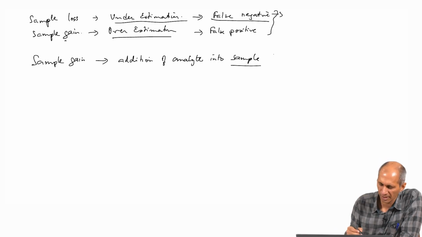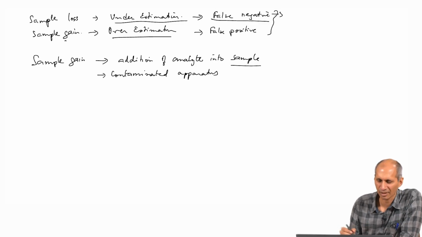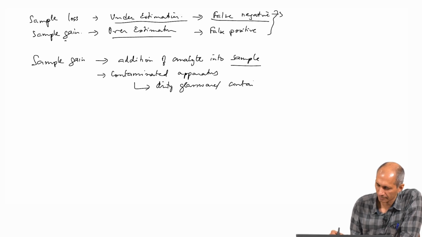So, how does this happen? This happens by several means. One, the most common, is contaminated apparatus. This is a very general case. Apparatus could mean, very simply, dirty glassware or containers, dirty transfer equipment.